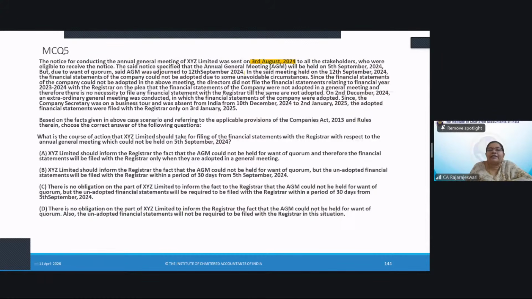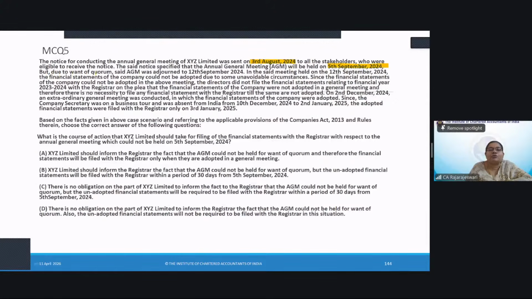The notice for conducting the AGM was sent on 3rd August to all the stakeholders who are eligible to receive the notice. The said notice specified that the AGM will be held on 5th September 2024, right? It is supposed to be held on 5th September 2024.